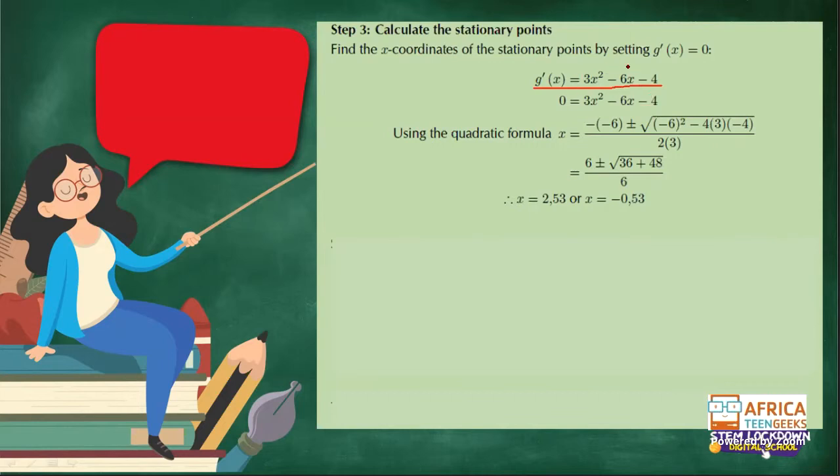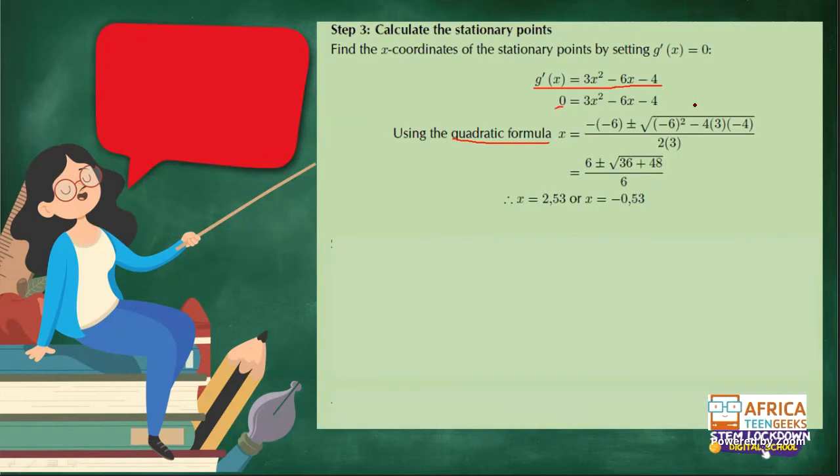And then you say your derivative equals 0. Then what do you do? Then you solve for x. If you can't easily find your factors by inspection, then you use the quadratic formula.